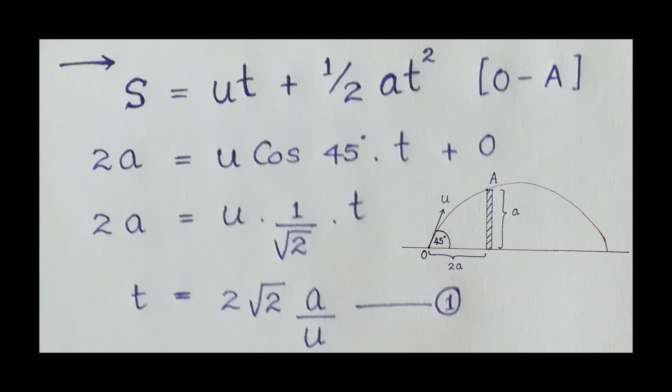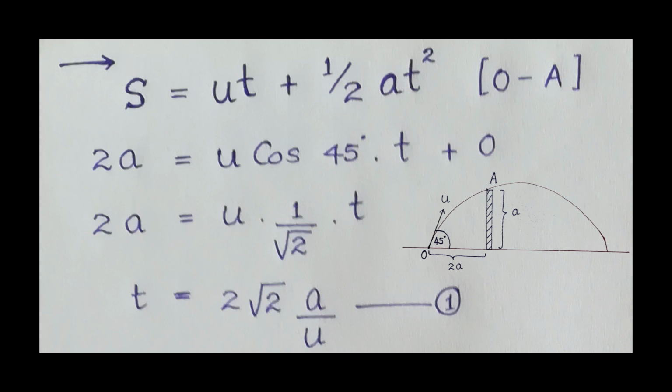The velocity component horizontally is u cos 45 into t. t is the time of this motion from O to A. After simplifying that, we can get t as 2 root 2 a over u.